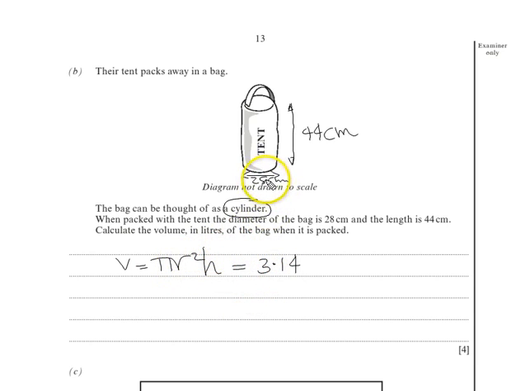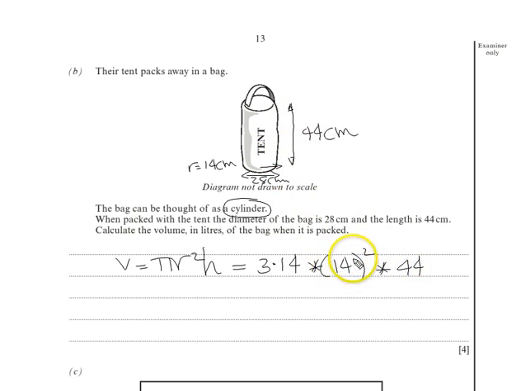Now the radius, there's the diameter, we've drawn it in, so the radius will be half that, won't it? So here the radius equals 14 centimeters. Agreed? Half of 28 is 14. So I need to times that then by 14 centimeters. That's squared, pi r squared, times the height, which is 44.